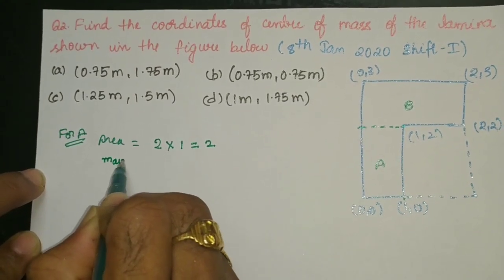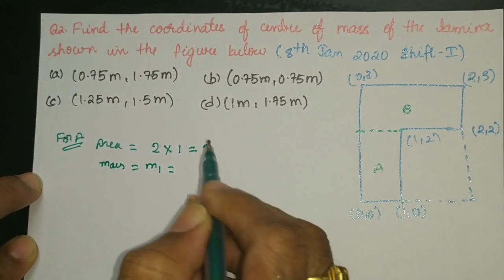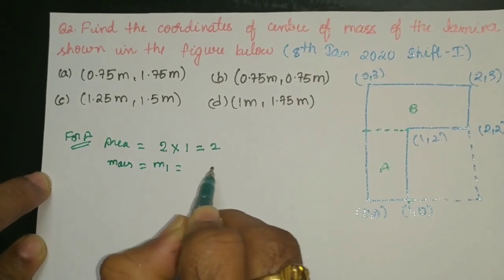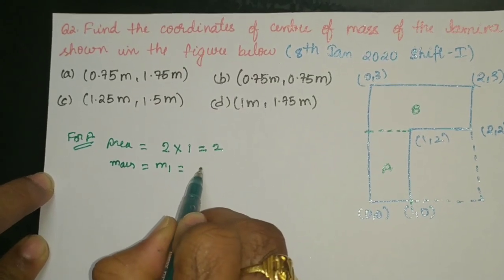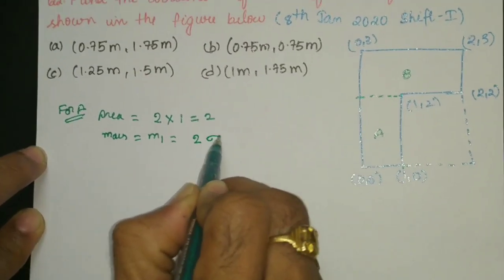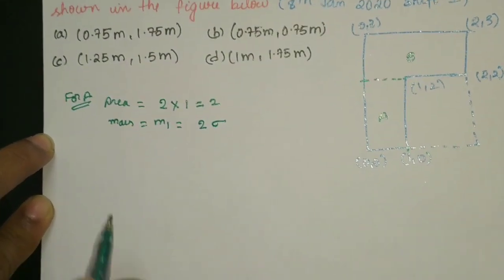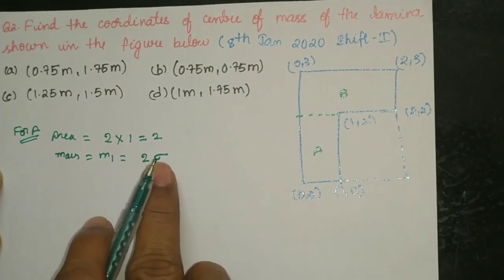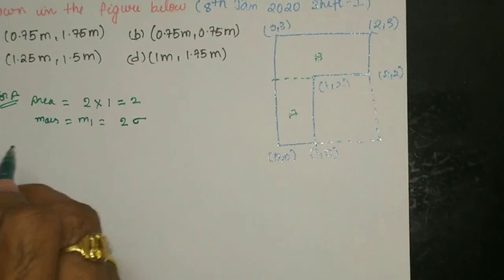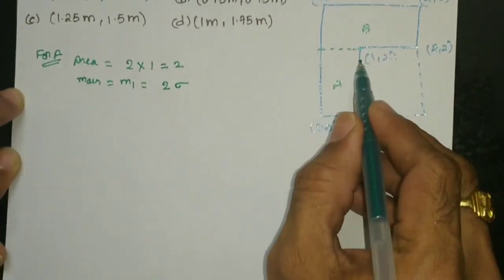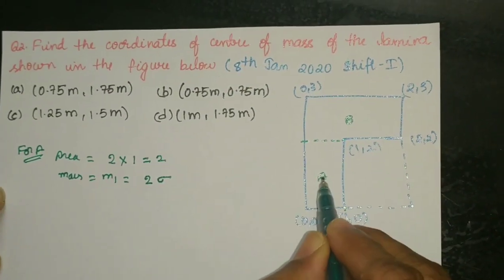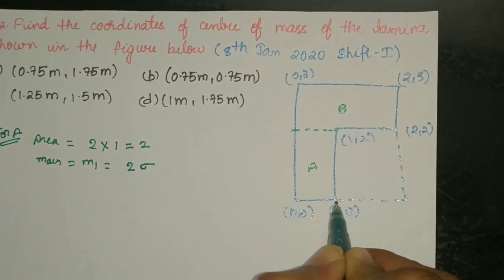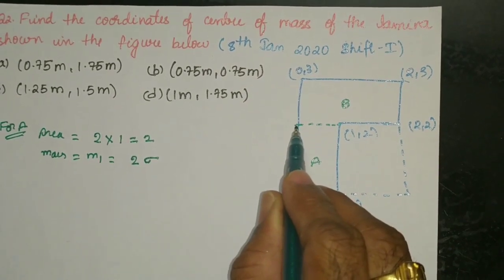Then the mass of the lamina, let it be m1, is equal to area into mass per unit area. So 2 into sigma, where sigma is the mass per unit area. So the mass of lamina A is its area into mass per unit area, and we need the center of mass of this rectangular strip A. The x coordinate of the lamina is 1, the y coordinate is 2.